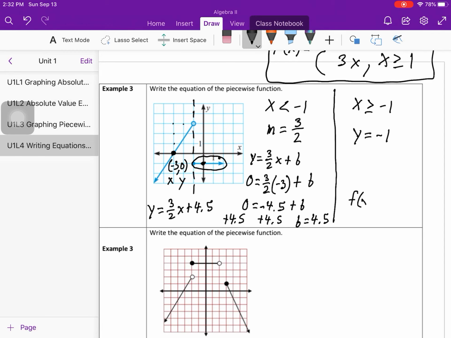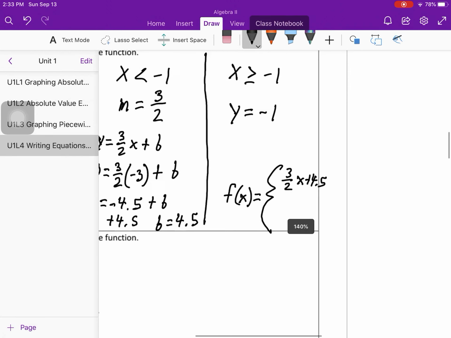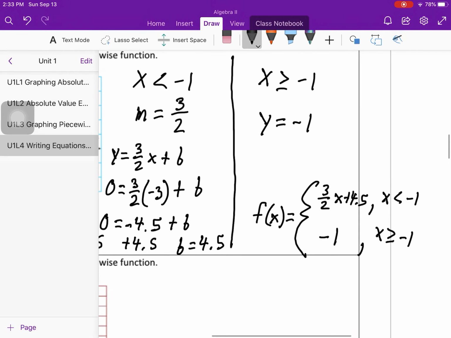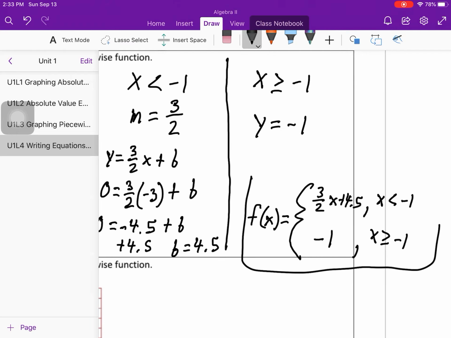So we get f of x equals, the top equation is, don't need to write the y equals, 3/2 x plus 4.5 for all values of x less than -1. And then the other one is, we just write the number -1 because it's f of x equals -1. And that's for all values greater than or equal to -1. Okay. And that is our final answer.